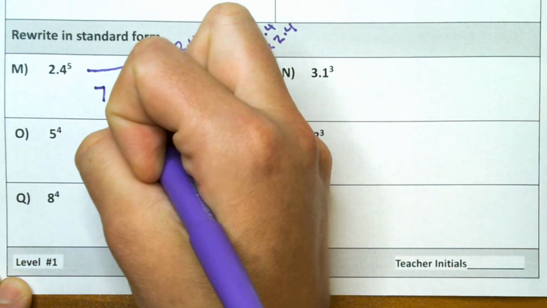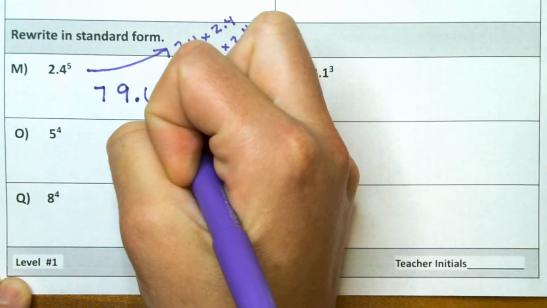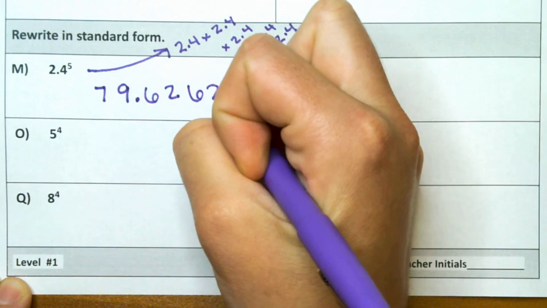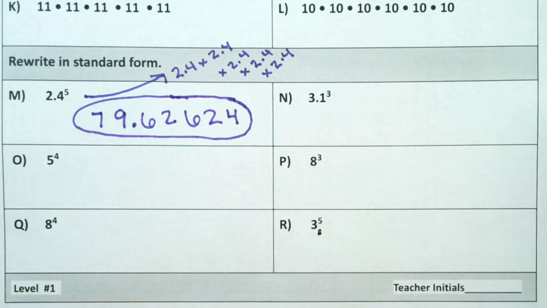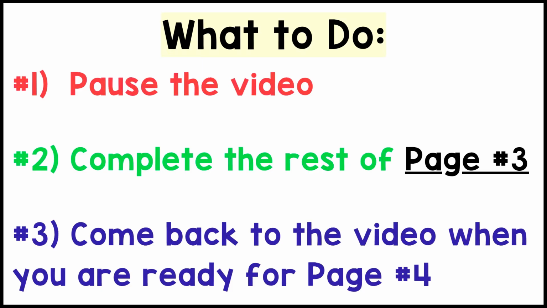You get 79.62624. All right, so now you're going to go ahead and pause the video, complete the rest of page 3, and come back to the video when you're ready for page 4.